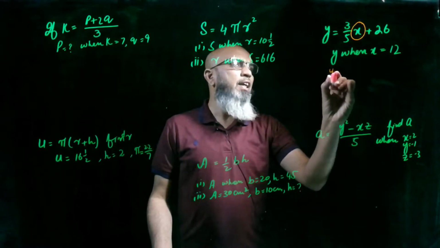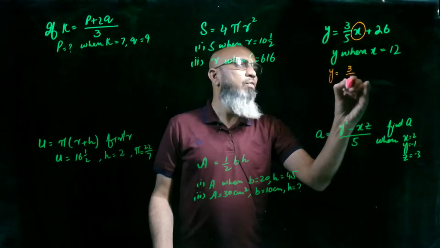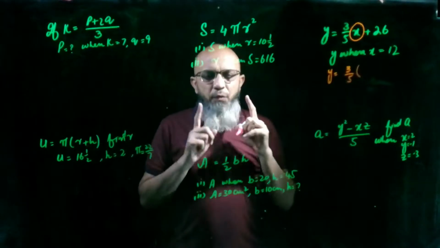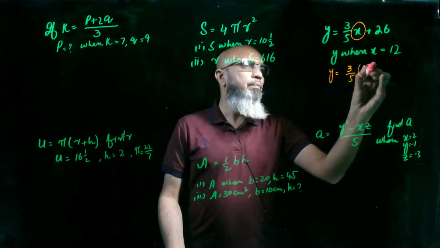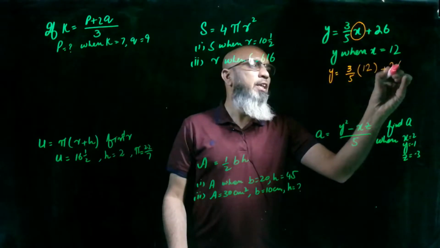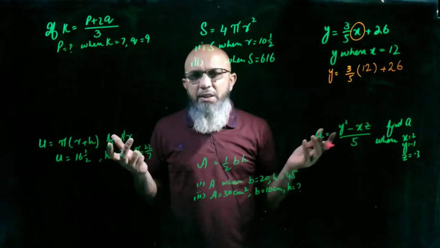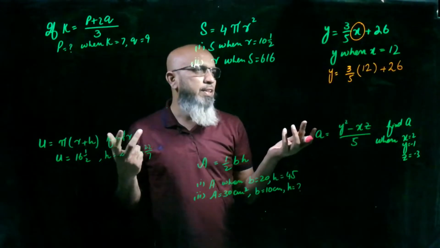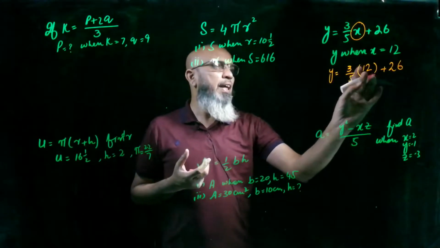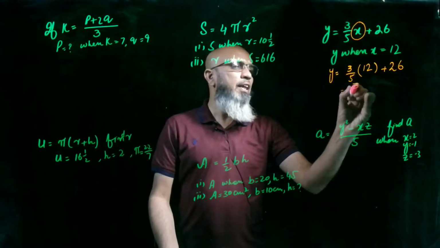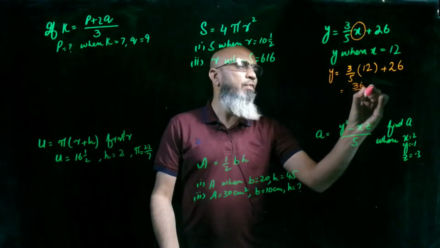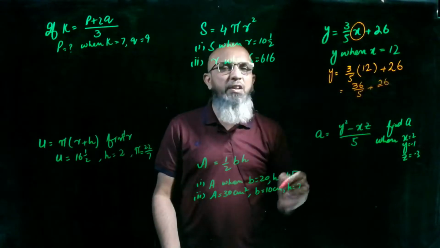So y is equal to 3/5, instead of x we will write its value, that is 12, plus 26. Now it is very easy for you to solve this. We simply multiply 12 times 3, which is 36. So 36/5 plus 26.